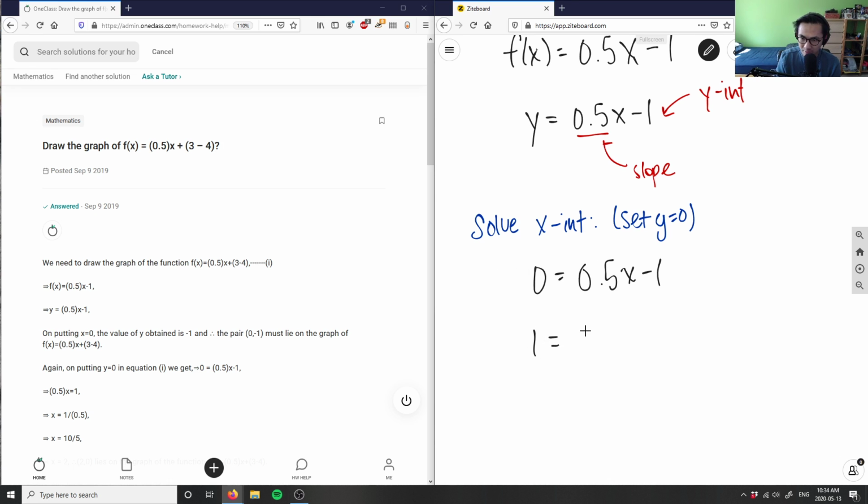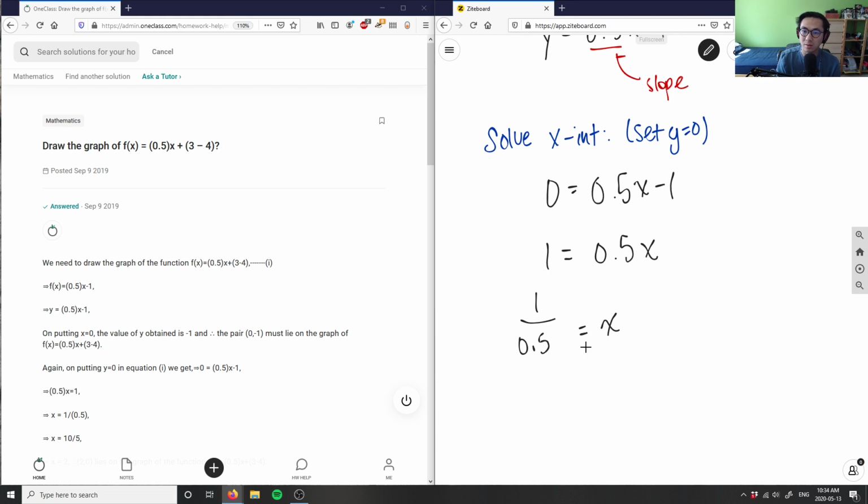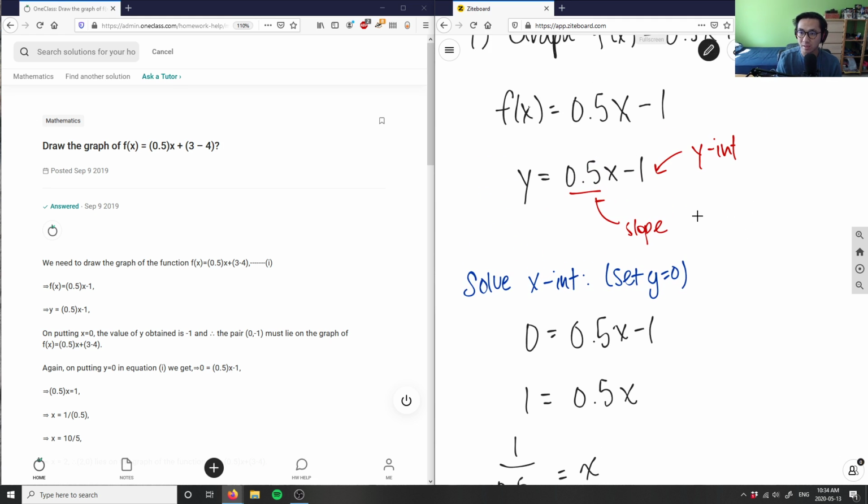So +1 equals 0.5x. And I can divide both sides by 0.5, right? So 1 over 0.5 equals x. So therefore, x here is going to equal 2, right? So this here is going to be our x-intercept for our graph. I'm not going to box this because this isn't our answer yet, but we have our x-intercept as well. So I can say here x would equal 2.